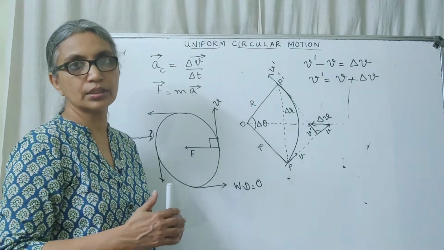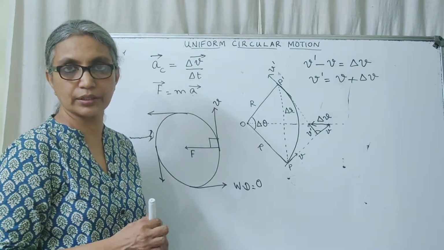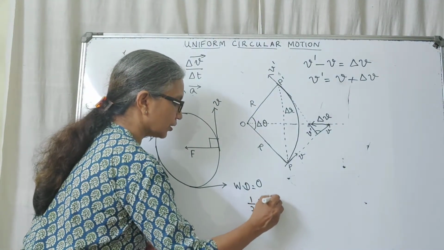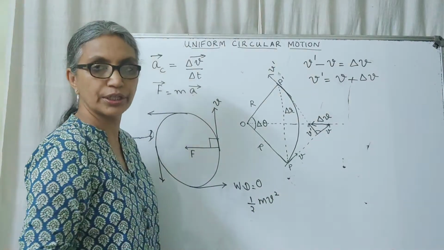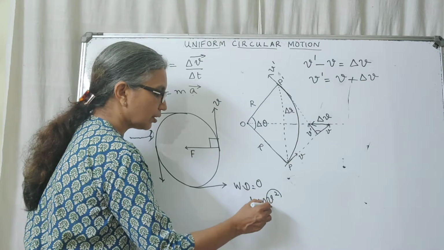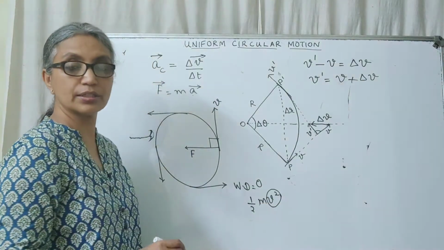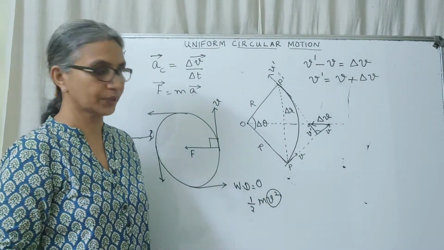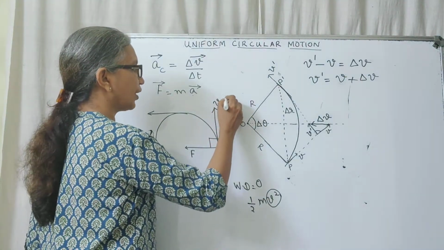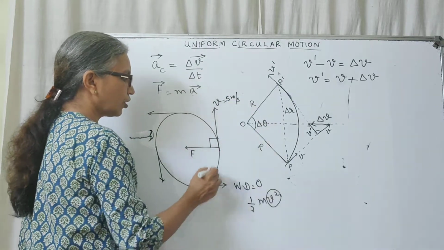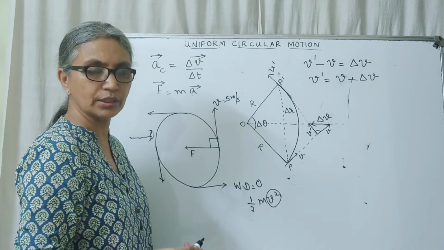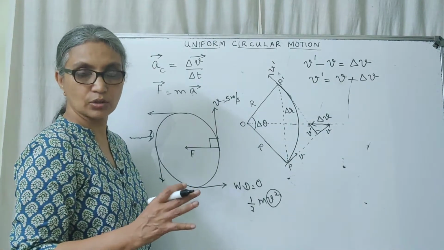So work done is equal to the change in kinetic energy of a body, and if the work done on the body is zero, then there is no change in the kinetic energy of the body. Since mass is a constant, this implies that there is no change in the speed of the particle. So if this v is, let's say, 5 meters per second, because the force and the velocity, that is the displacement, are perpendicular to each other, there is zero work done.